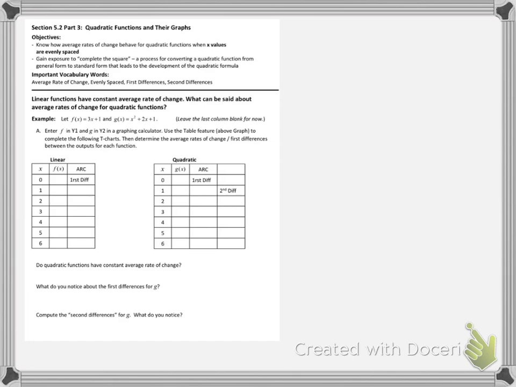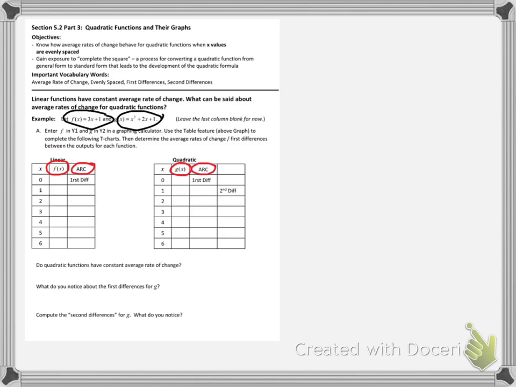So if we look at these two functions, I want you guys to go ahead and fill out this column, this column, this column, and this column. So to get that first column, you're just plugging the x values into your function.